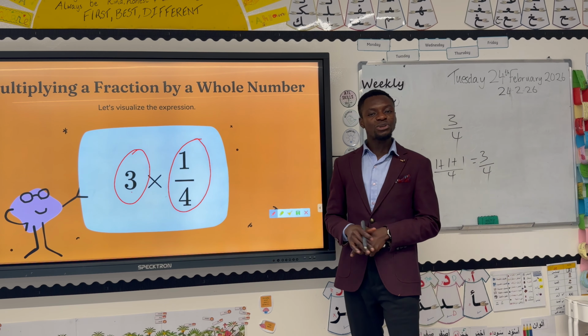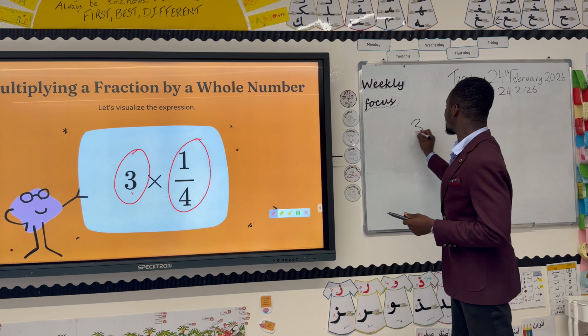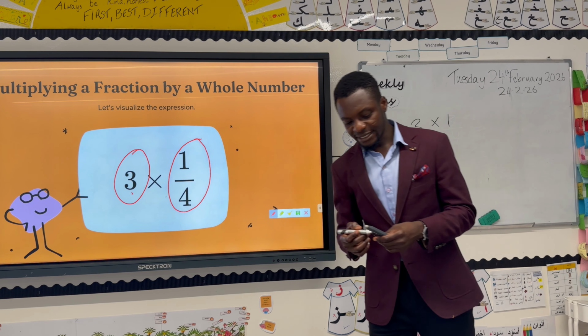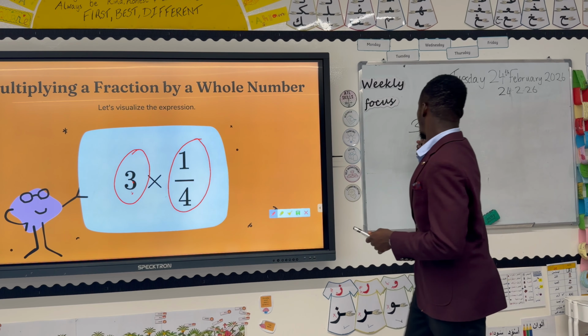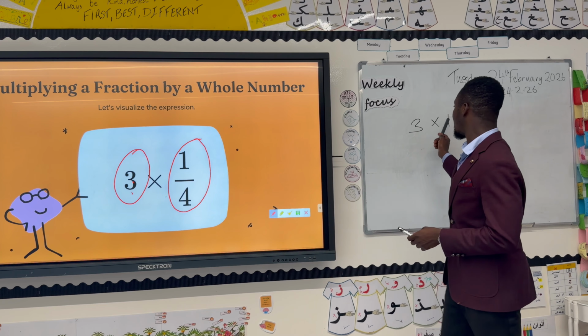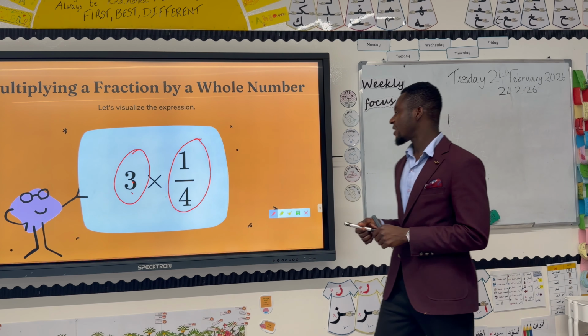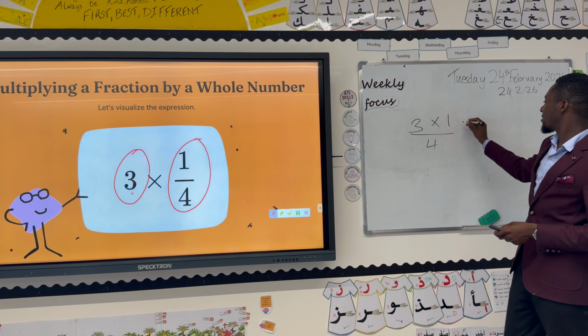Now there's an interesting and a simple way of solving this. It's by multiplying the whole number by the numerator. So we first take the whole number, multiply with the numerator. So we have 3 times 1. And dividing it by the denominator. Now, 3 times 1 will give us 3.